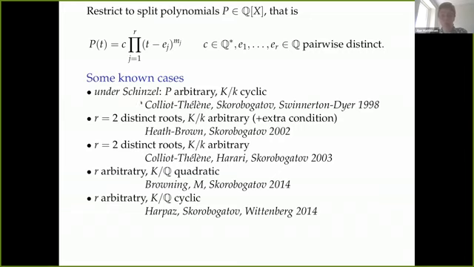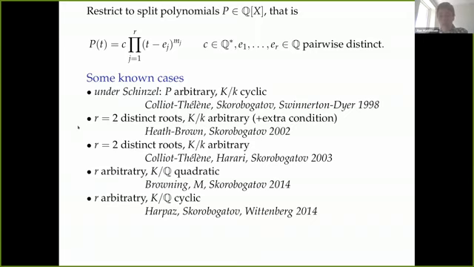First of all, in work by Swinnerton-Dyer, together with Colliot-Thélène and Skorobogatov, which is conditional under Schinzel's hypothesis, the conjecture has been confirmed for arbitrary polynomials, so the splitting condition is no longer necessary, and for arbitrary cyclic extensions of number fields.